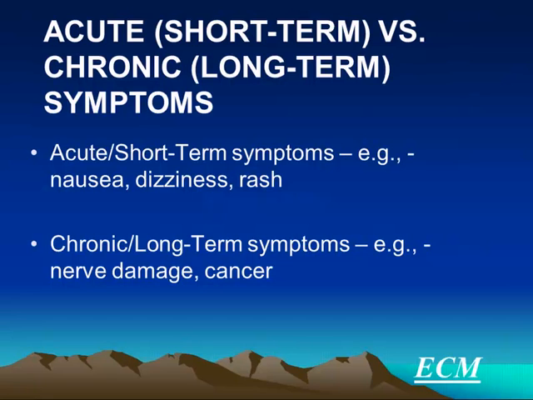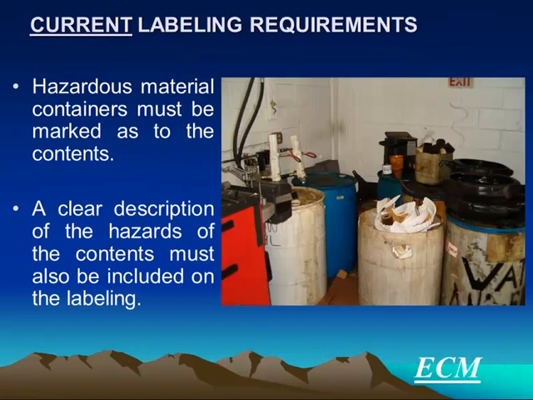But if doing that for 20 years, you might have long-term effects with that. So you've got to be aware of following the warnings on the MSDSs and protective equipment if it's recommended to use it, because you may not see the effects right away.